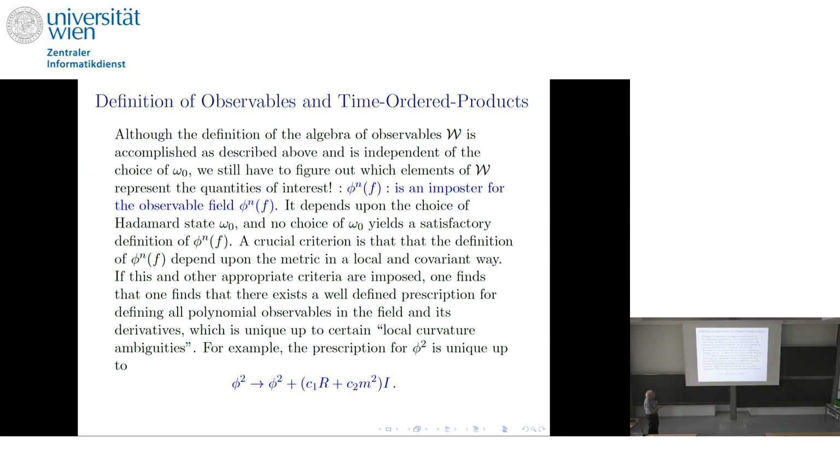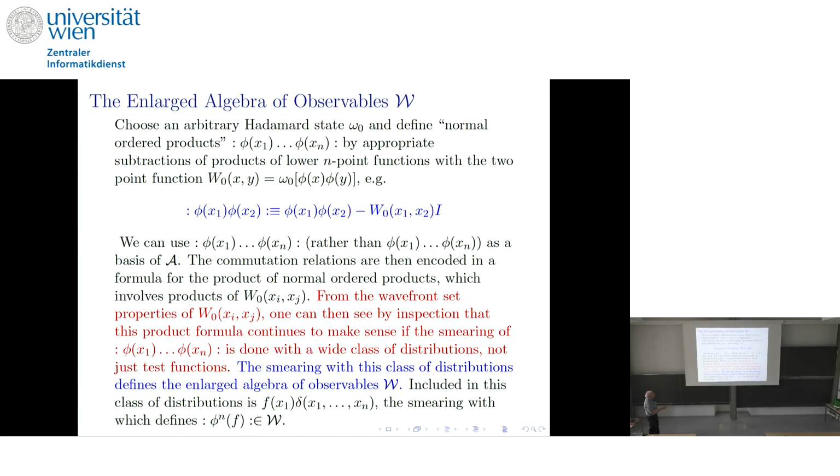But that normal ordered phi n is an imposter for what we really want, because this normal ordered phi n depends on some choice of Hadamard state that we introduce to get things going.